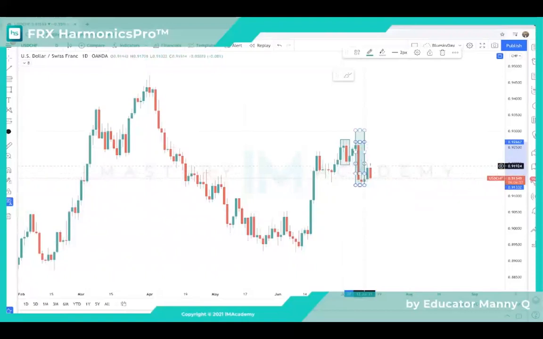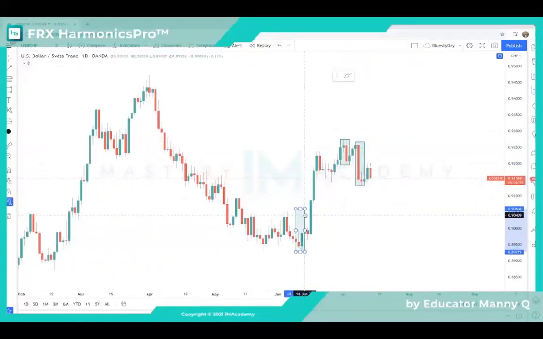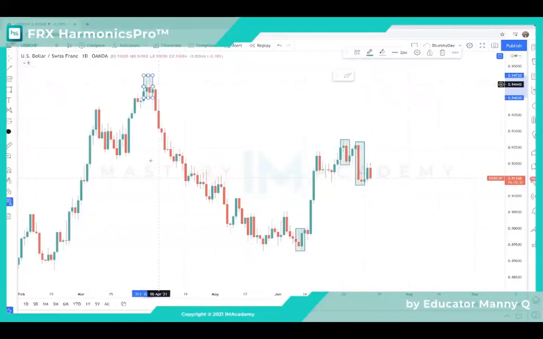We also have a very strong bullish engulfing candle right over here. We're going to take a look at that. We have another bearish type of engulfing candle happening right over here. We have another bearish engulfing happening over here.